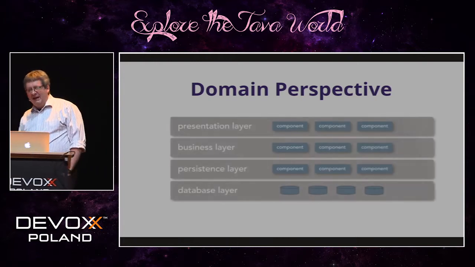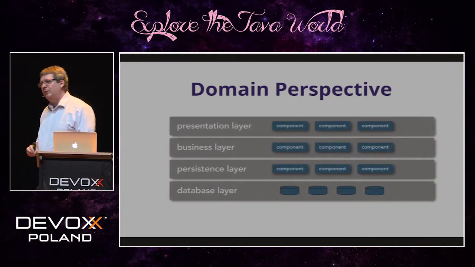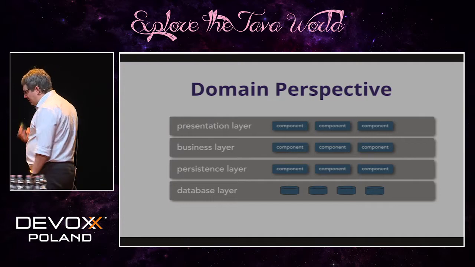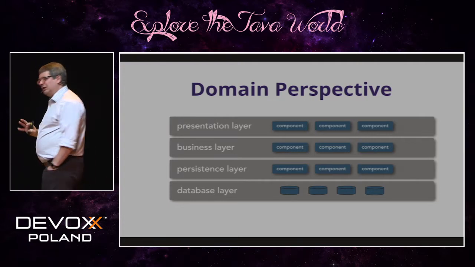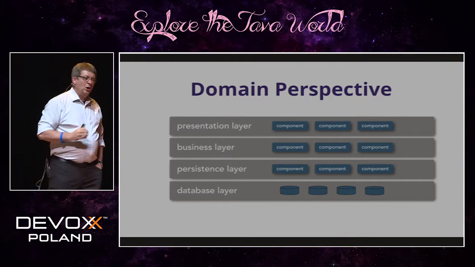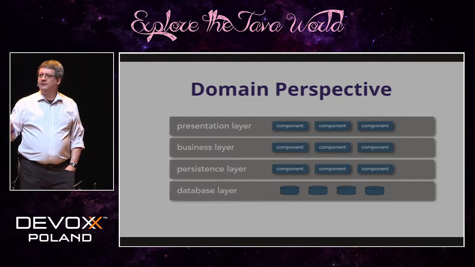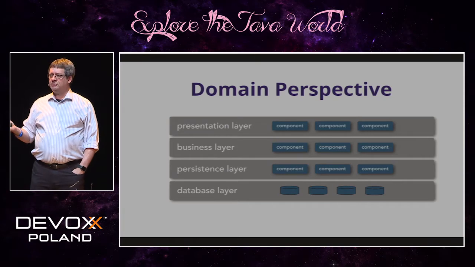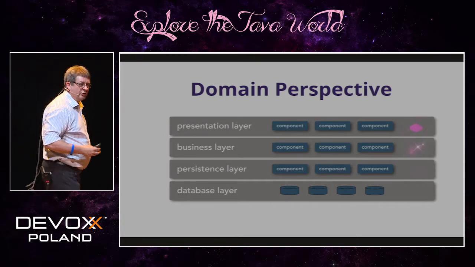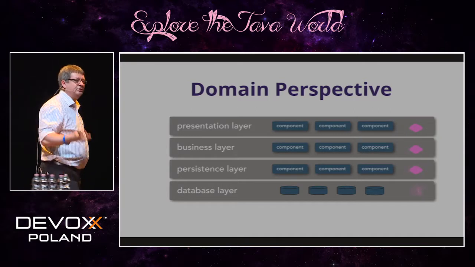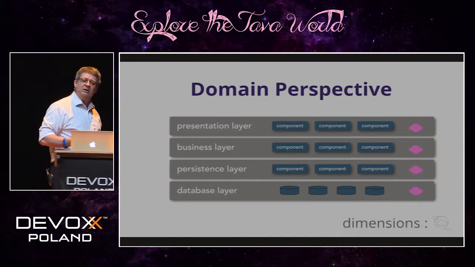But remember that domain perspective I was talking about before that we most recently picked up around software architecture? Think about the layered architecture. Where does customer live in the layered architecture? Well, part of customer is in the presentation layer, and part of customer is in the business layer, and parts in persistence, parts in the database.